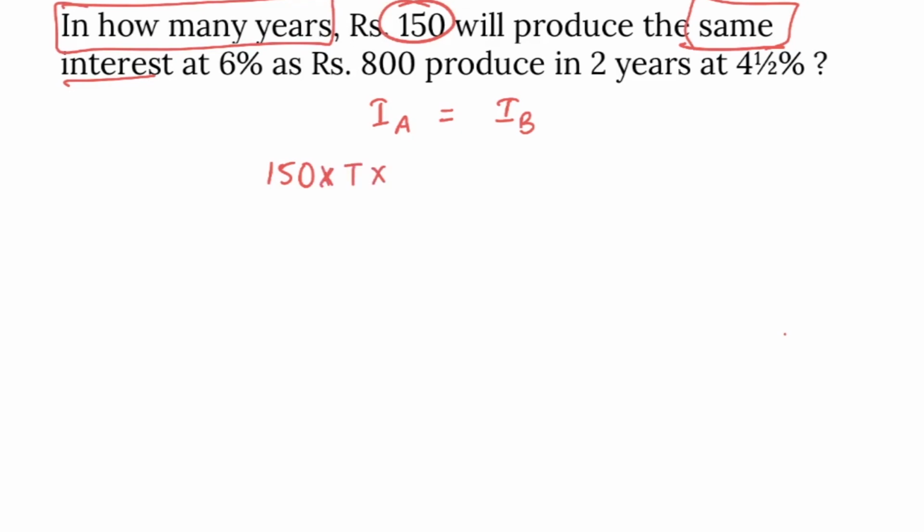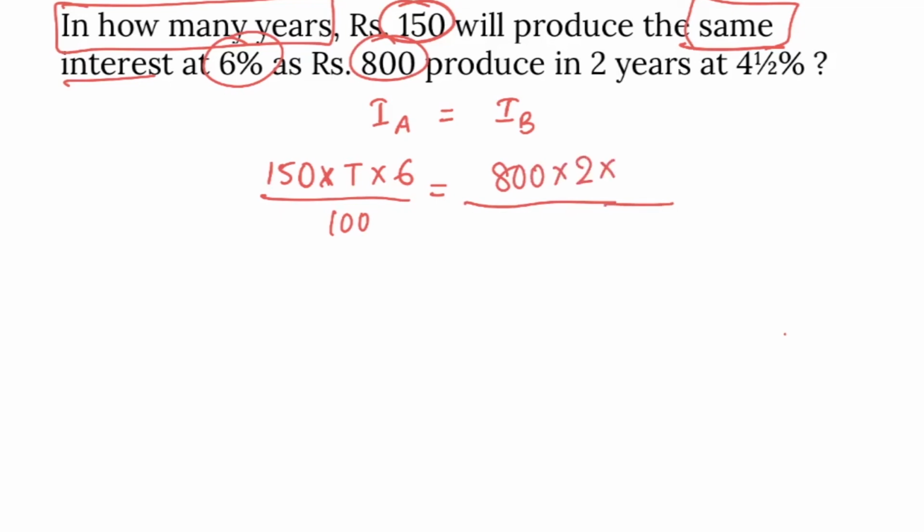Interest in the first case: rate of interest 6% divided by 100 is equal to interest in the second case, I is equal to PTR by 100. Principal 800 rupees, time period 2 years and rate of interest 4.5%. 4.5% is equal to 9/2%.